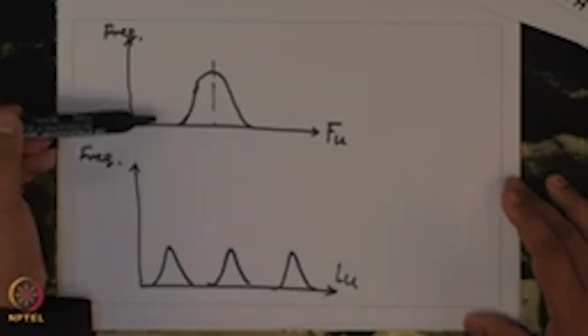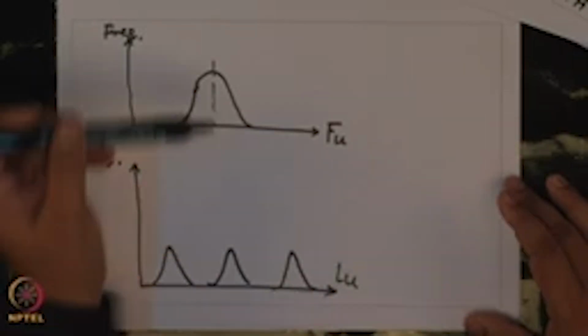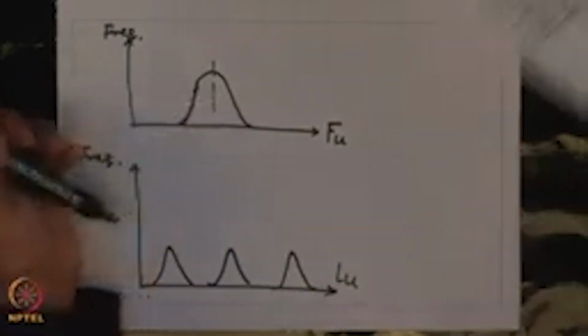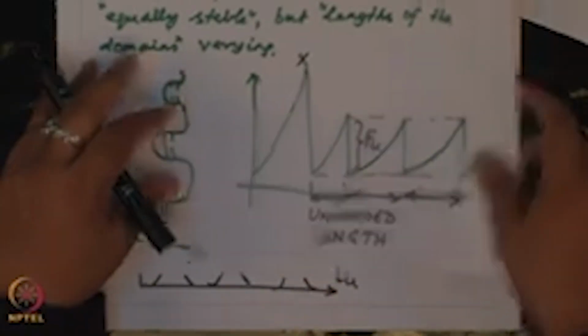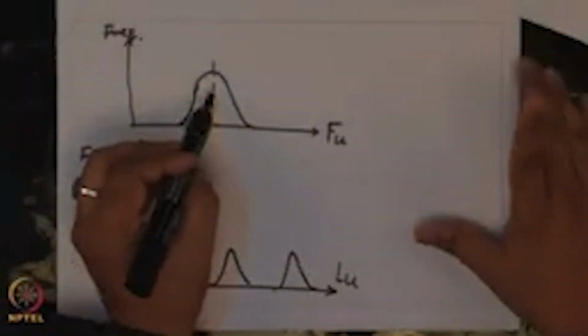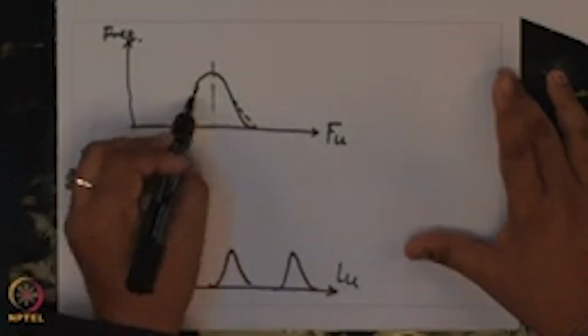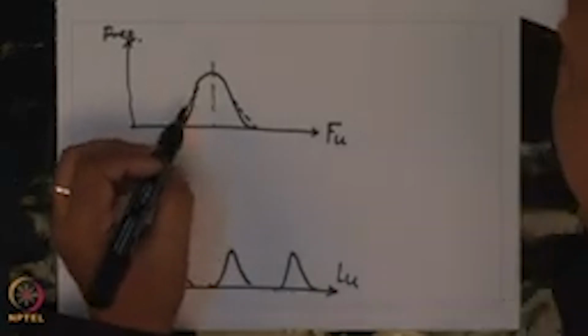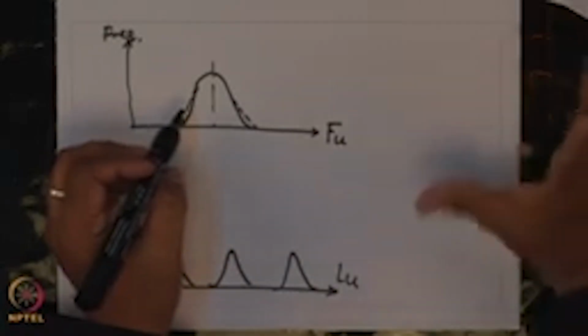One is the unfolding force and one is the unfolding length. For the unfolding force, because we assume that all the forces were of equal magnitude, that the domains are equally stable, I will get a single force peak. It might have a little more scatter because you are collecting statistics from so many events, and there might be small variations in the standard deviation.